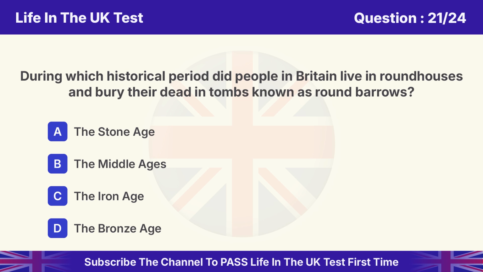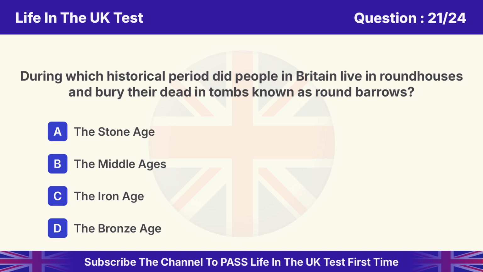Question 21. During which historical period did people in Britain live in roundhouses and bury their dead in tombs known as round barrows? Option A. The Stone Age. B. The Middle Ages. C. The Iron Age.